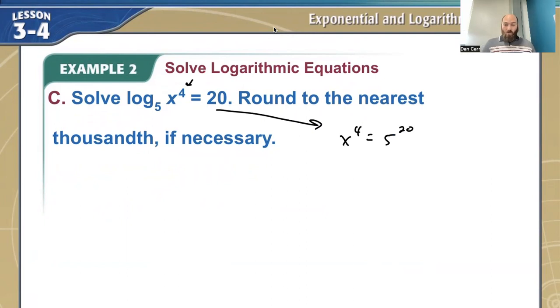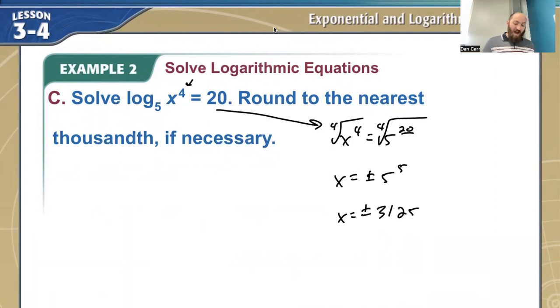Okay. Now, one thing I could do is multiply out 5 to the 20th power, or I can just take the 4th root of both sides now. When I do that, I'm going to get plus or minus 5 raised to the, if I take 20 divided by 4, 5th power. So that is the same as plus or minus 3,125.